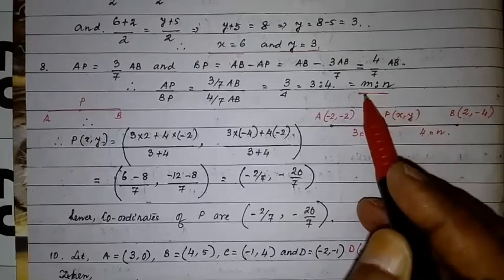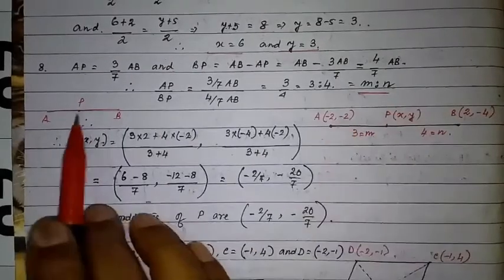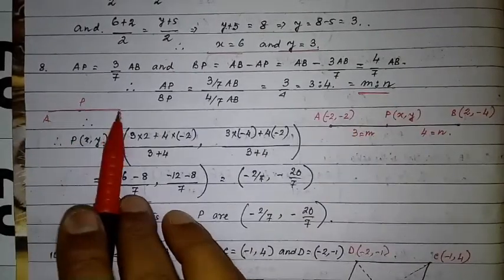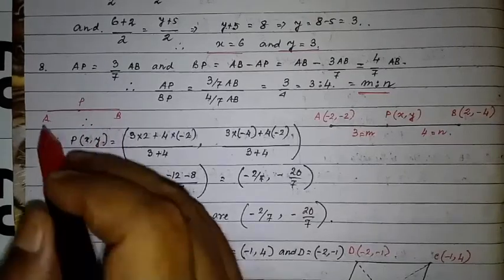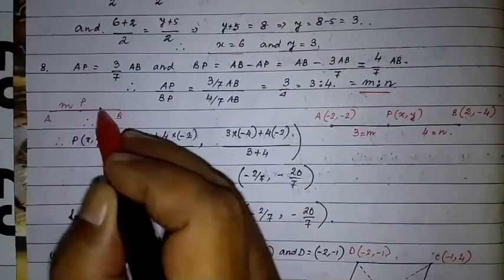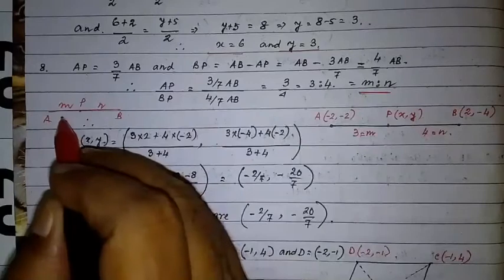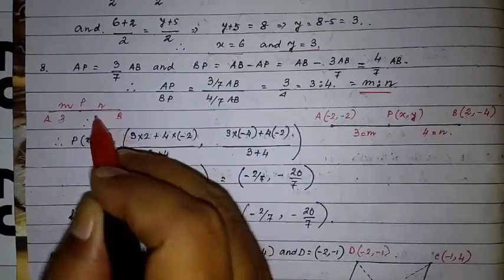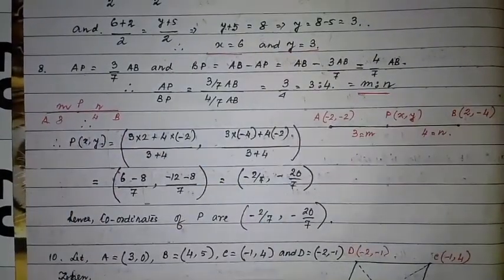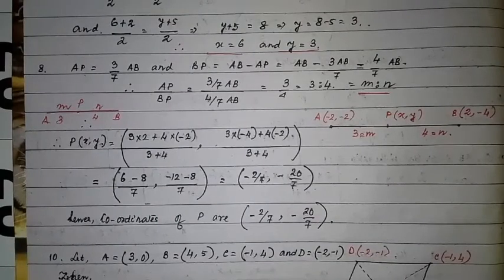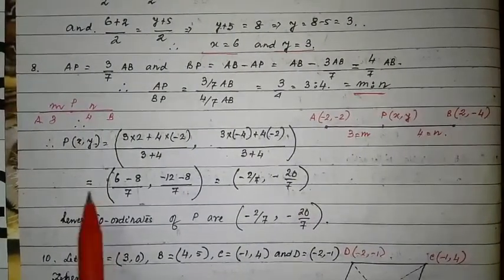So we get the ratio that P divides the line segment AB in the ratio m:n, which is actually 3:4.